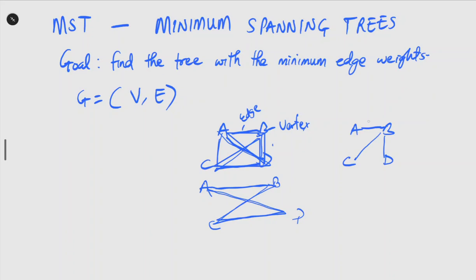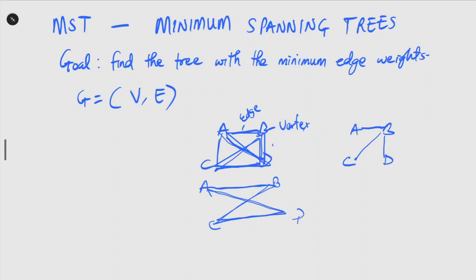So we have from A, B, C. We can't get back to A. Even though all the vertices are connected, we cannot get back to our starting point without going through an edge which we have already gone through in an opposite direction.